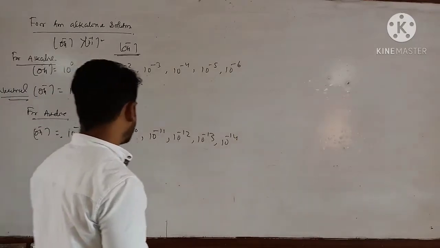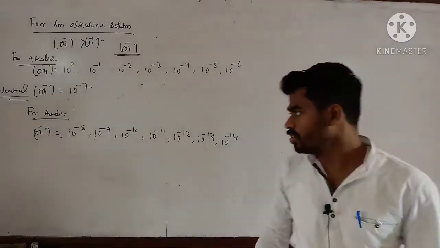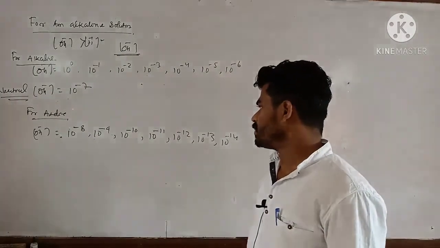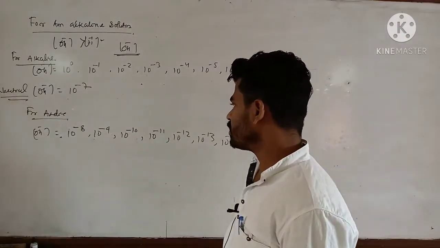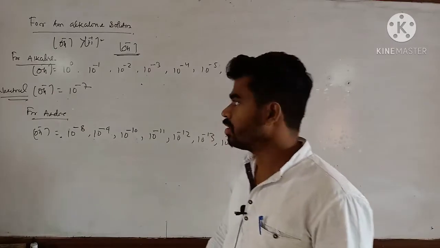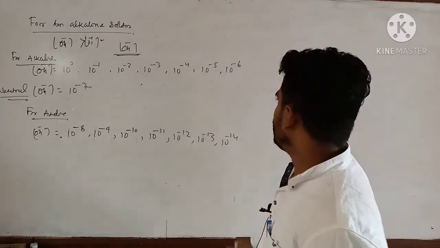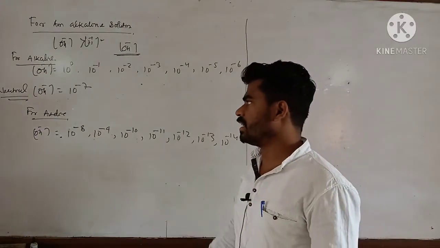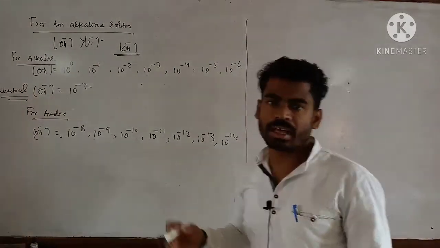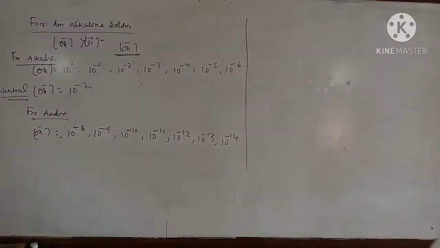So these are the concentrations of OH minus ions. It should be less than that of H plus ions, so that the solution becomes acidic in nature. So these are the conditions at which a solution becomes acidic in nature, or you can say alkaline in nature. That clear?